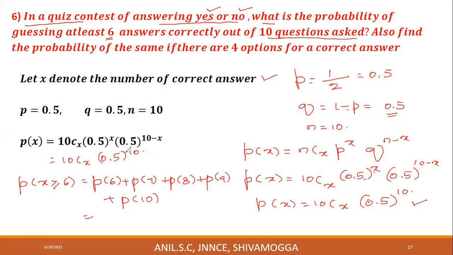P of 8 is 10C8 into 0.5 power 10. There you can take 0.5 power 10 as a common factor.